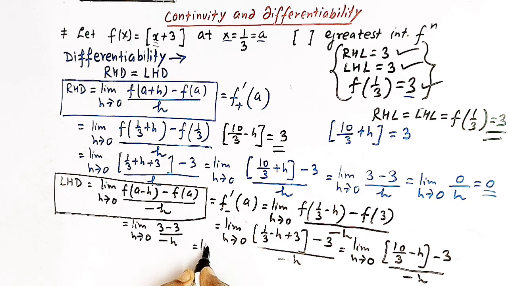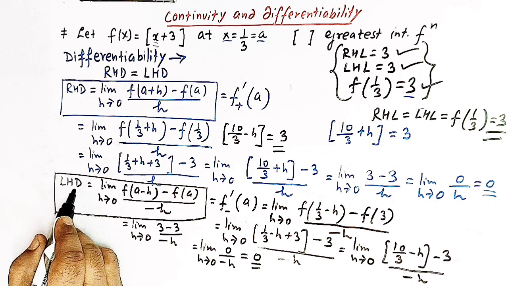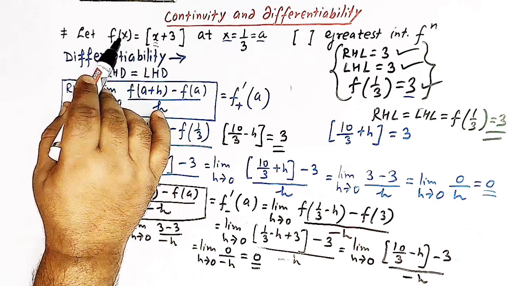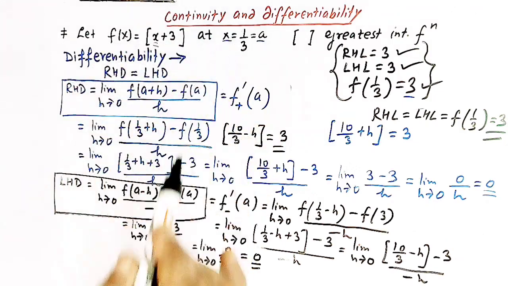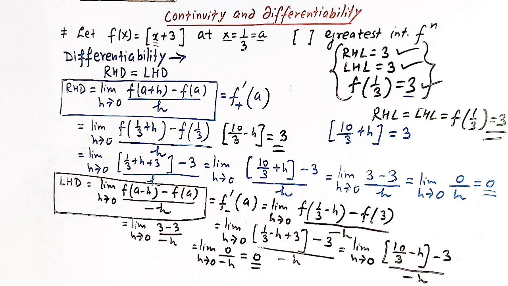So this is limit h tends to 0, 3 minus 3 is 0 over minus h, that is equal to 0, right? So we can see that the left hand derivative of this function at x is equal to 1 over 3 is equal to 0.